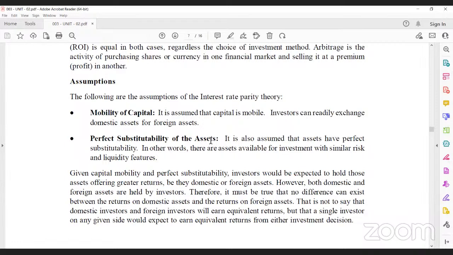Here, the earnings from these investments may lead to equivalent returns. A single investor would expect to earn equivalent returns from either of these investment decisions.